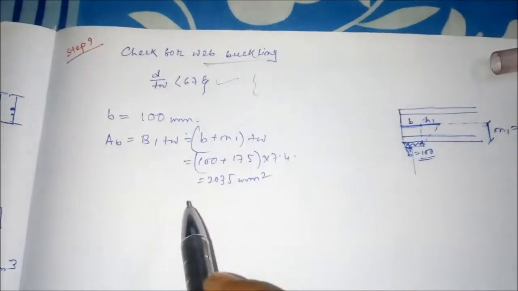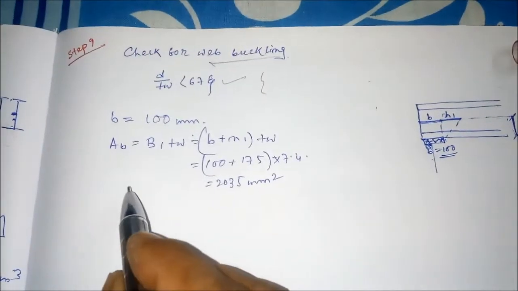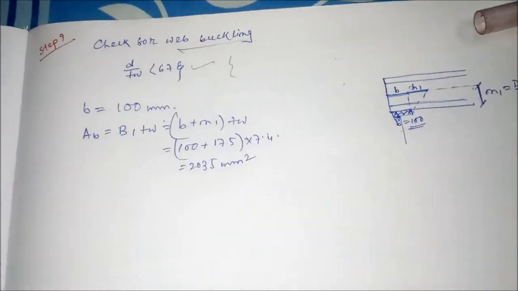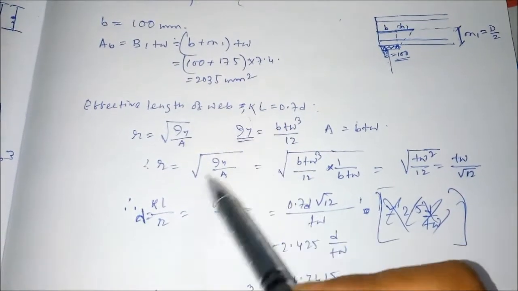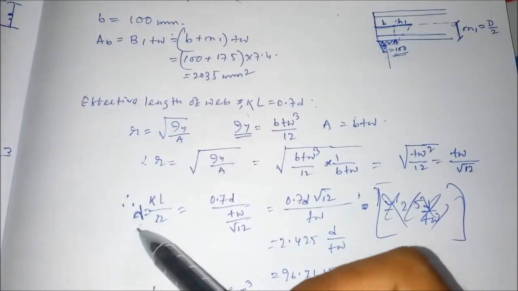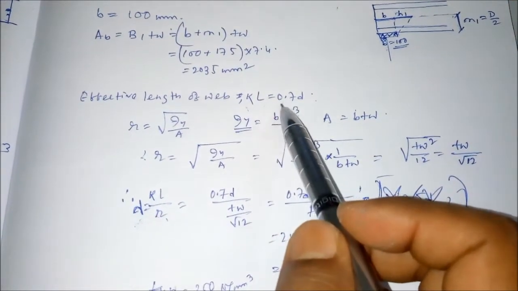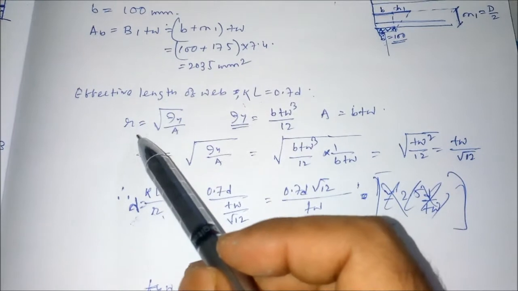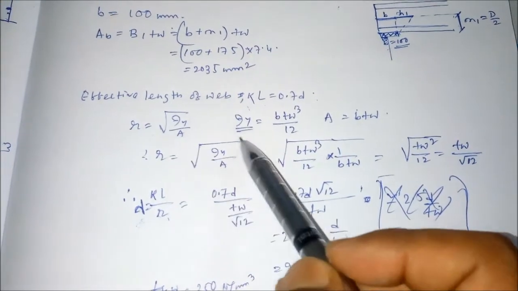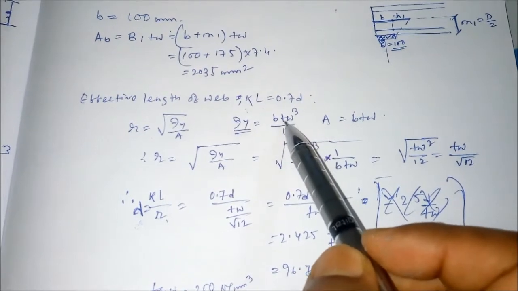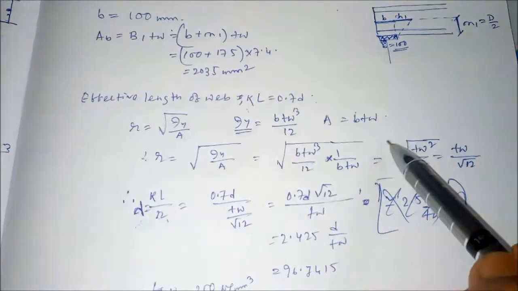Now we need to find out the rest part. So we have to find out the lambda, that is slenderness ratio, that is equal to KL by R. KL equals 0.7 into D. R is equal to root over I by A. I is equal to B D cube by 12, that is B into TW, thickness of the web, cubed, divided by 12.